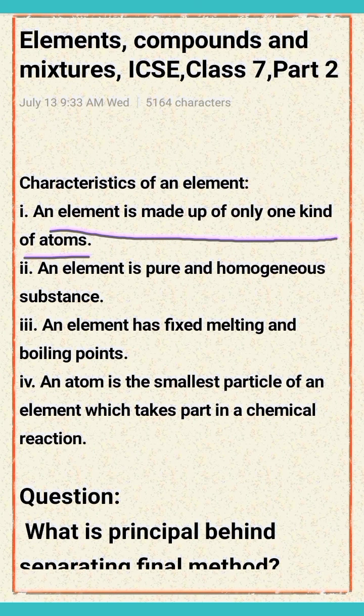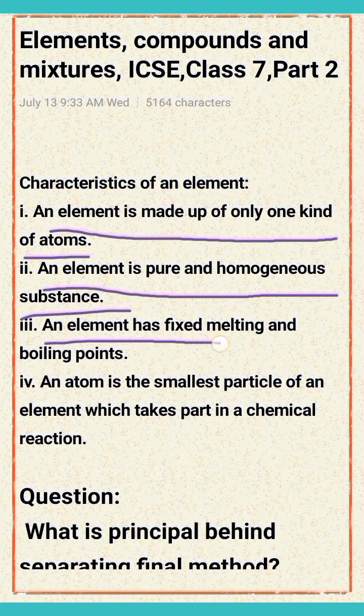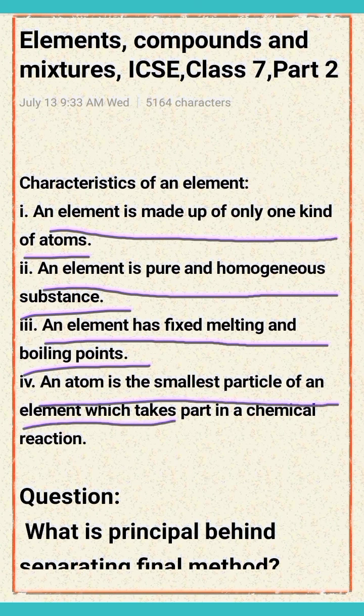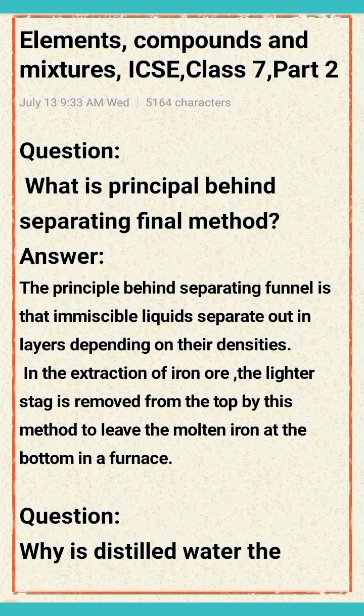Point number two, an element is a pure and homogeneous substance. Point number three, an element has fixed melting and boiling points. Point number four, an atom is the smallest particle of an element which takes part in a chemical reaction.